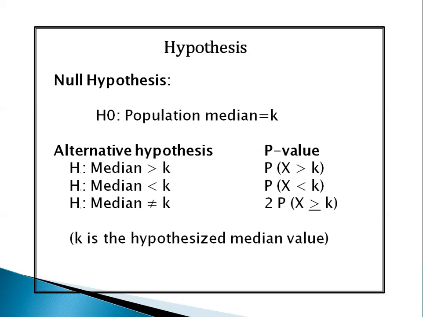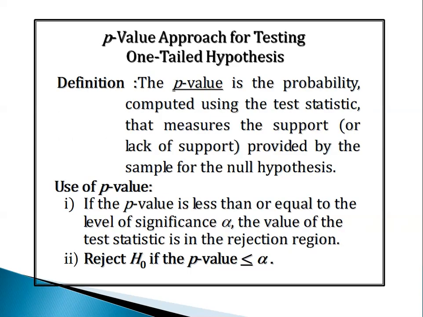If it is less than K, then it will be less. If it is not equal to K, then the relation will be 2P is less than or equal to K. What is the P-value?